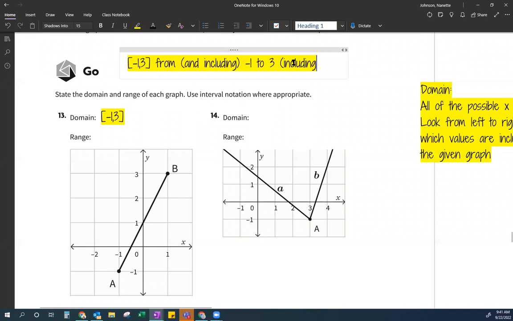The reason why I'm writing including is because you see these dots, they're solid dots.